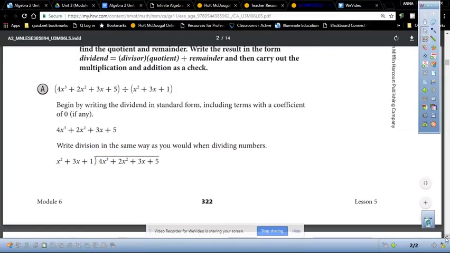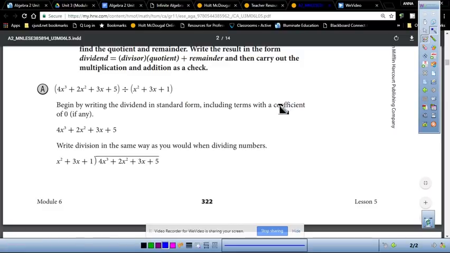I have 4x cubed plus 2x squared plus 3x plus 5, and I'm dividing that by x squared plus 3x plus 1. So I'm taking a cubic and dividing it by a quadratic. Notice my cubic, my dividend, goes inside, and my divisor goes outside.